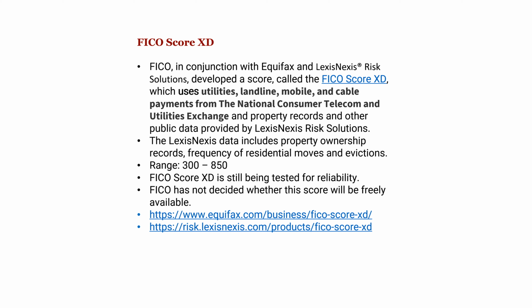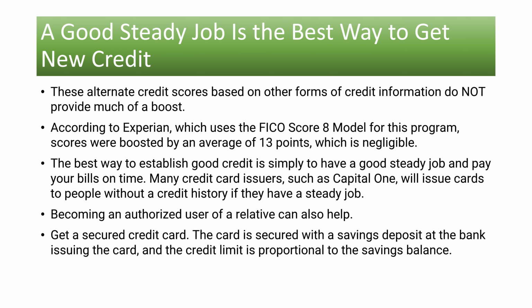The Lexis data includes property ownership records, frequency of residential moves, and evictions. The score ranges from 300 to 850 and is still being tested for reliability. FICO has not decided whether the score will be freely available.